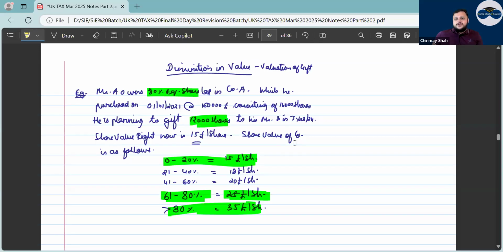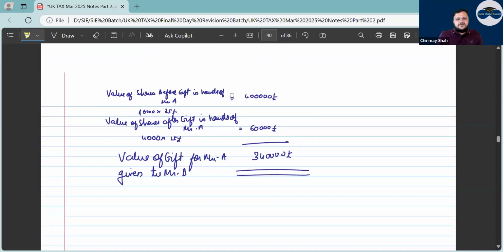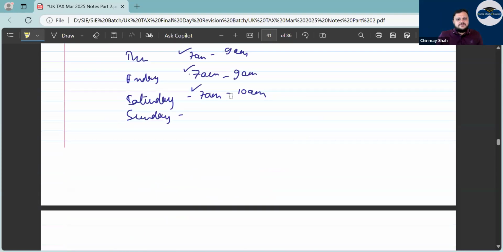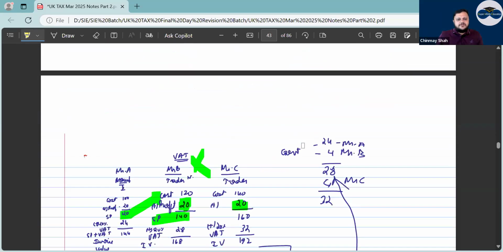So what do I do? What was my value of holding at 80% shares, and minus the value of asset after the gift is given. So at 30%, what will be my value, and at 80%, what will be the value? Difference will be the gift given to you, correct? Check one question out of this. Have a look. Diminution in value: value of share or asset before gift, and value of share or asset after gift, correct?